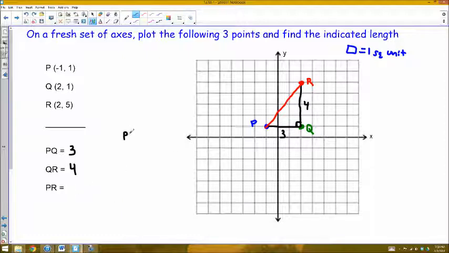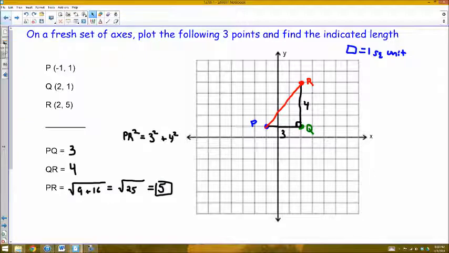So PR squared would be equal to 3 squared plus 4 squared. So that PR will be the square root of 9 plus 16, which is the square root of 25, or just 5.